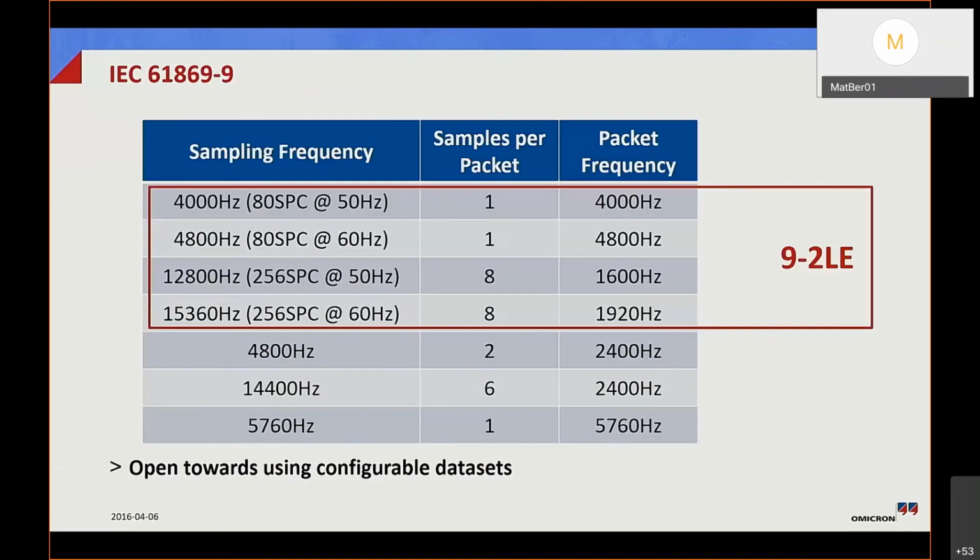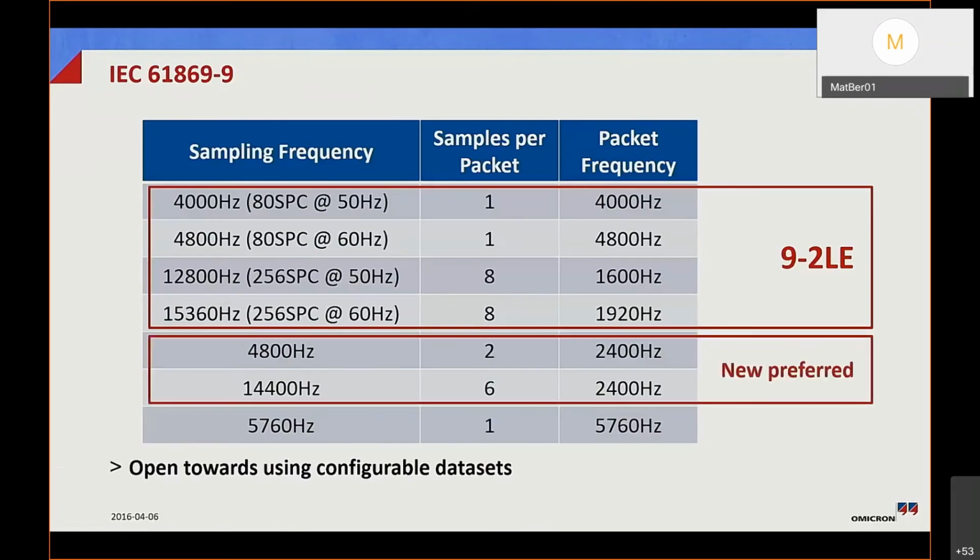61869-9 has taken these variants from 9-2 LE and made them, so to say, a part of the standard. Then there were two new preferred variants defined, and I think they were smartly chosen.